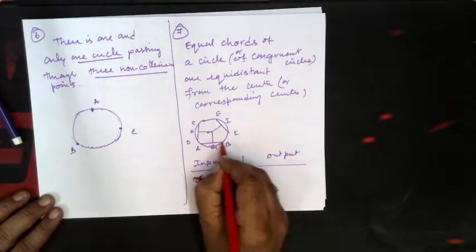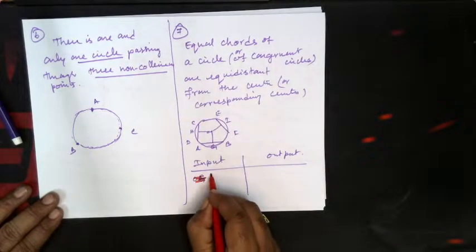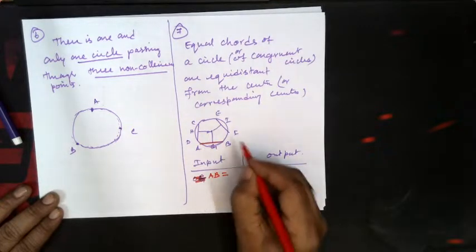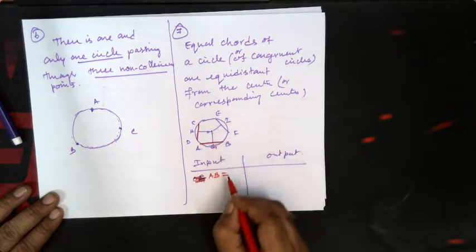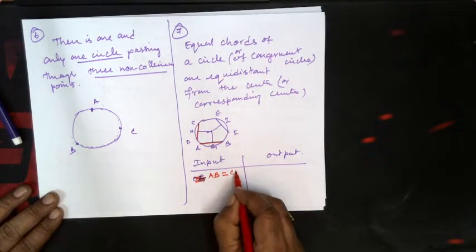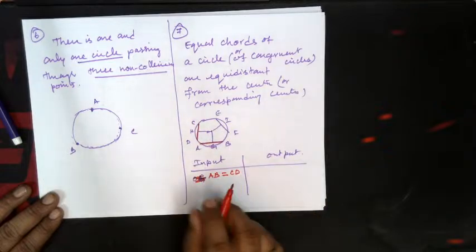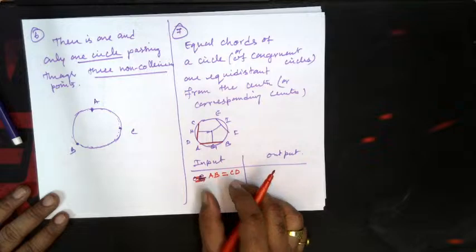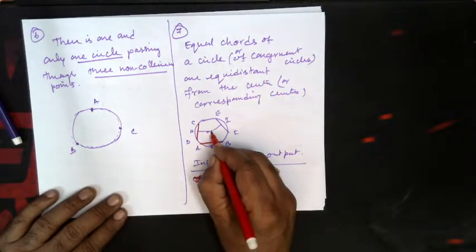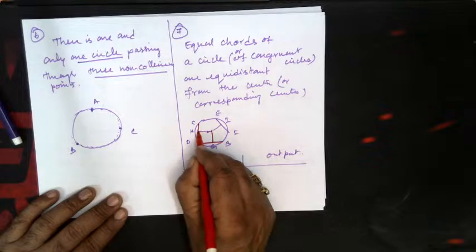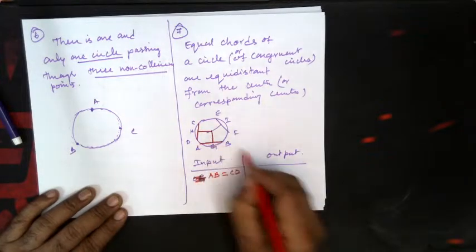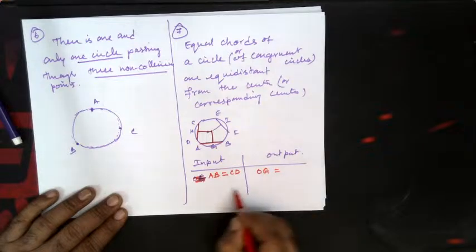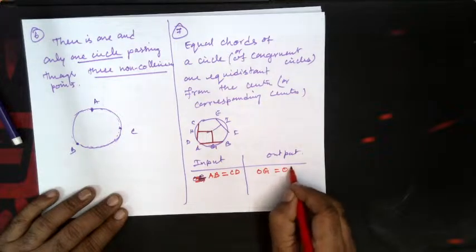Input: we are talking about equal chords. So AB is equal to CD. These two are equal, and you can have a number of chords also. Let me have two chords here. So two equal chords have equal distance from the center, that is O. So OG is equal to OH.